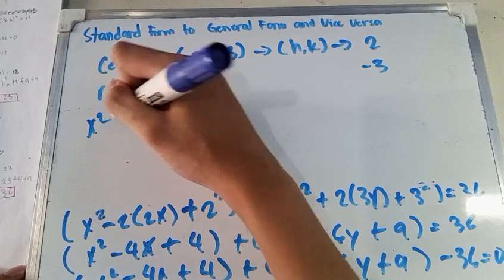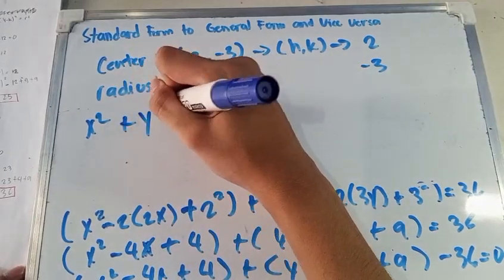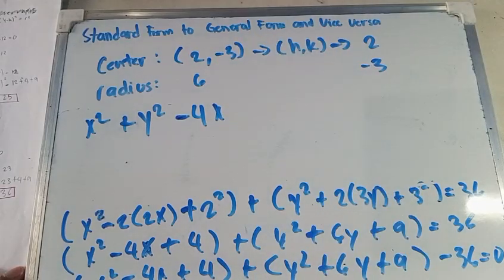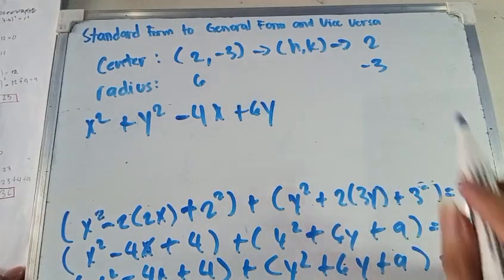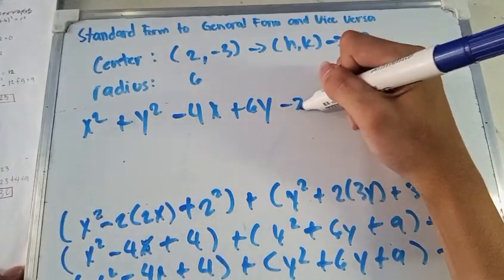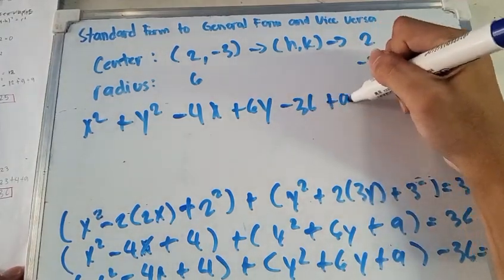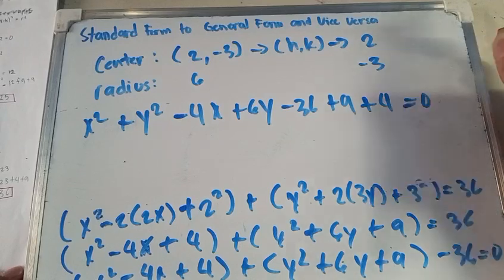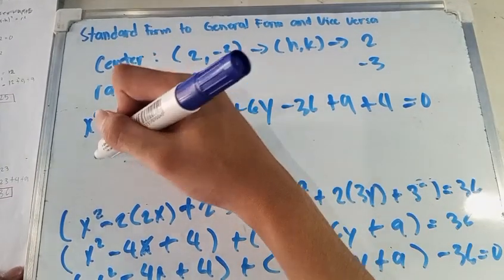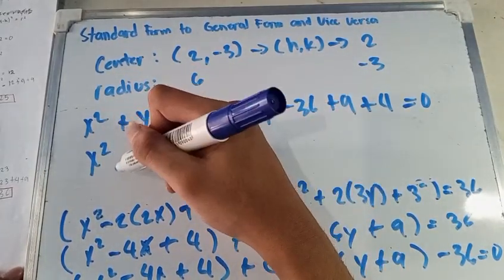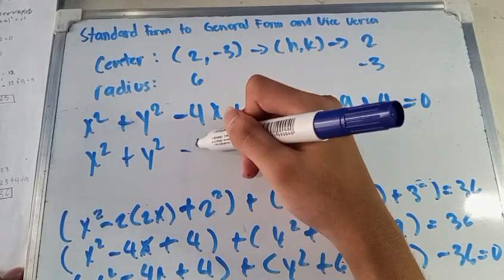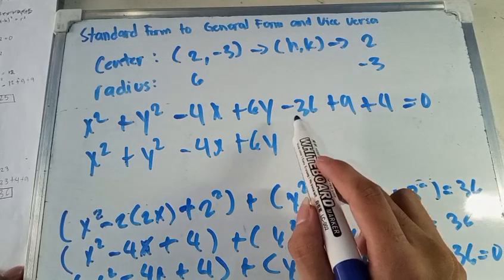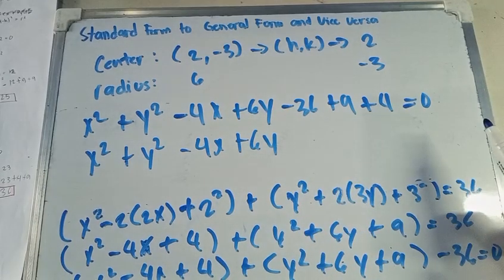That is x squared plus y squared, followed by a variable with x, followed by a variable with y, and its constant term, which is negative 36 plus 9 plus 4 equals 0. Now let's combine like terms. So copy, copy, copy, and let's stop here, since 9 and 4 are similar terms.